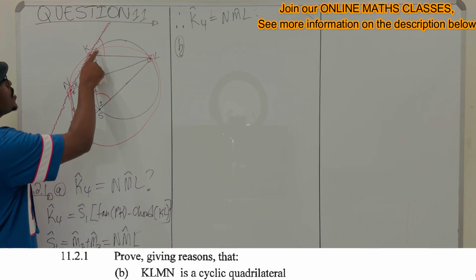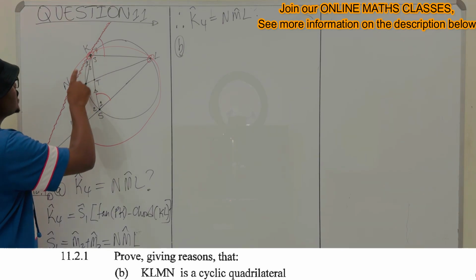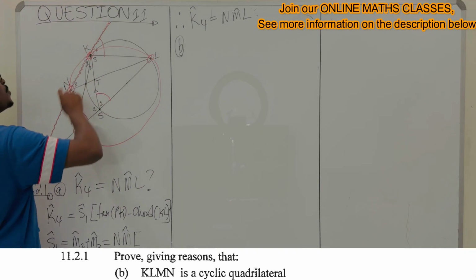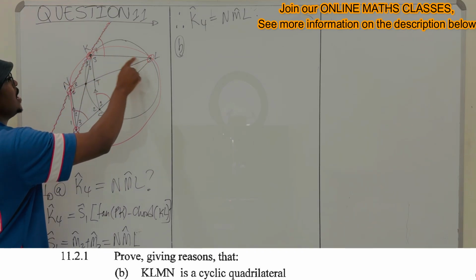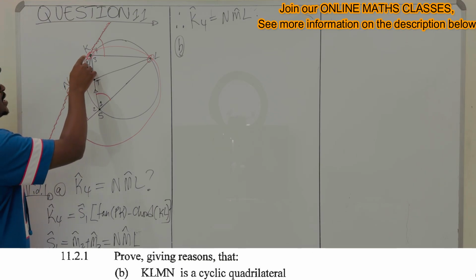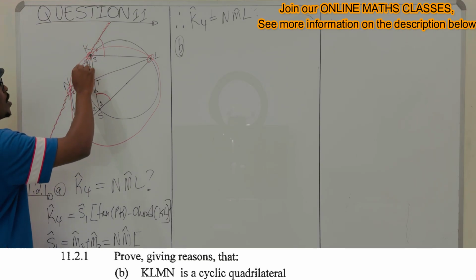Look, if you look at K4, K4 is formed by PK, right? And this chord, KL. But you can also look at this length here as an extension of one side.